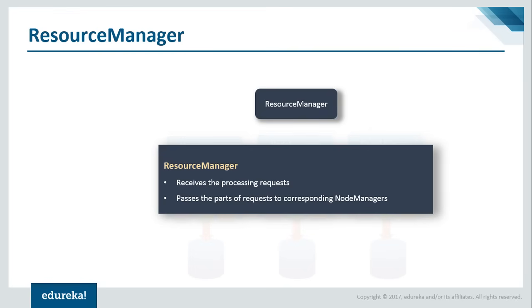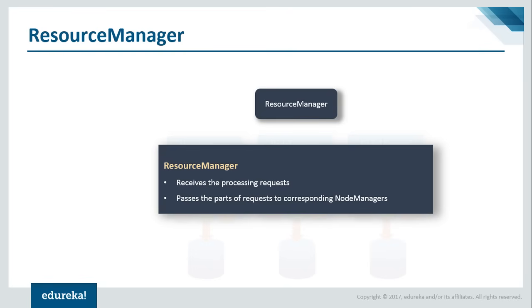So first, let us talk about the resource manager. As I've already told you, Yarn is responsible for cluster management, right? And it behaves as a pure scheduler. Now, it is strictly limited to arbitrating requests for available resources in the system that are made by the competing applications.